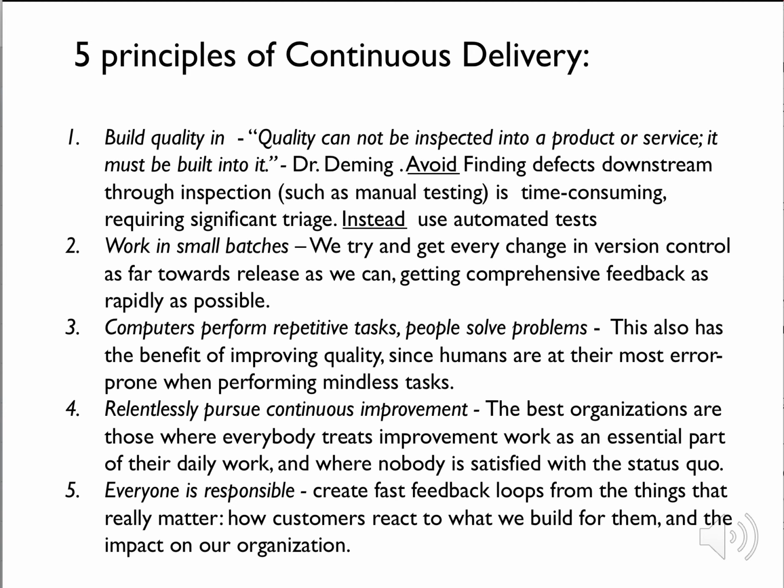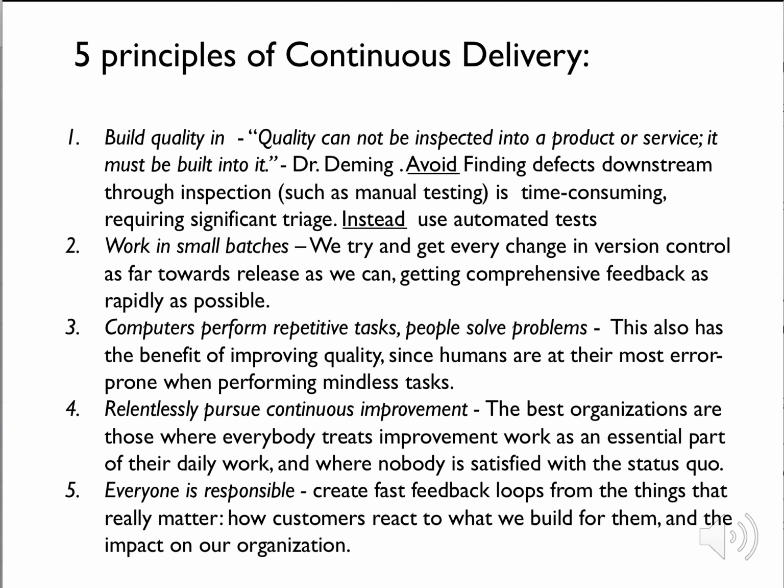Instead, why can't we just automate the test cases and get the defect as early as possible to avoid such quality issues? Second principle is work in small batches. We cannot check in a large number of code changes into the version control and then get into merge conflict issues.